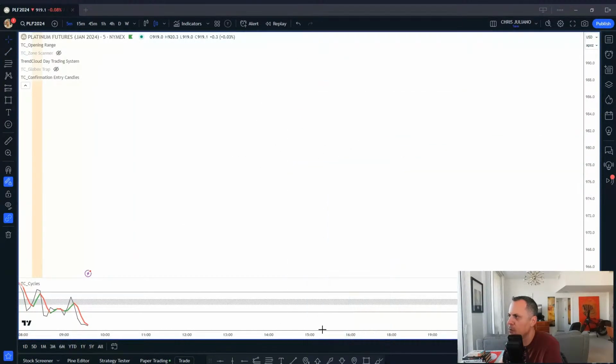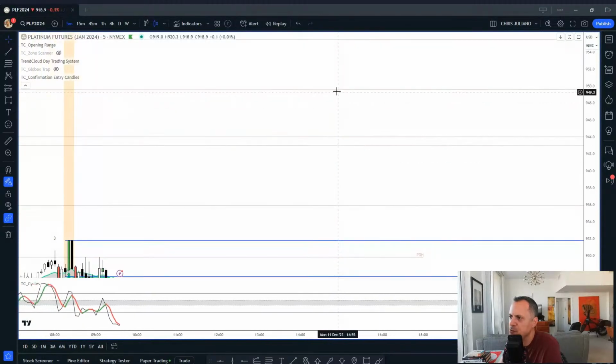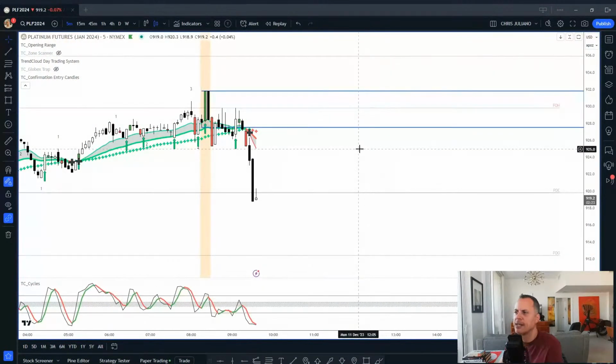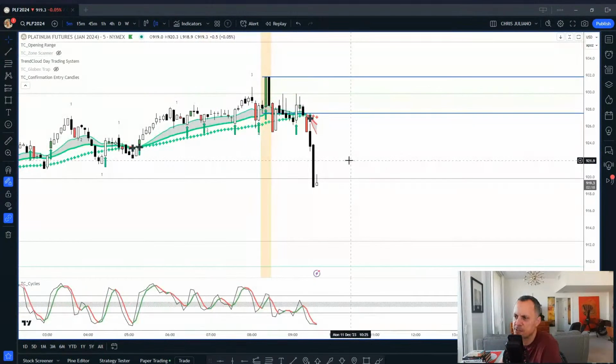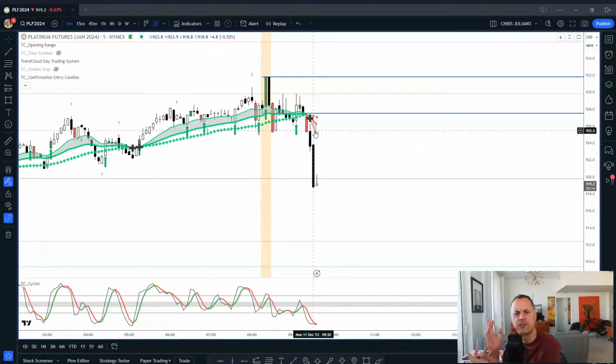Okay, so that is what we go over in detail in the masterclass. Very specifically in the TrendCloud masterclass: what to look for, what formations look like, what the strongest looking formations are, right?